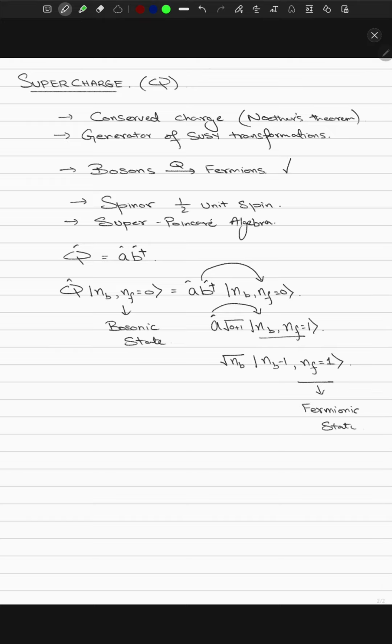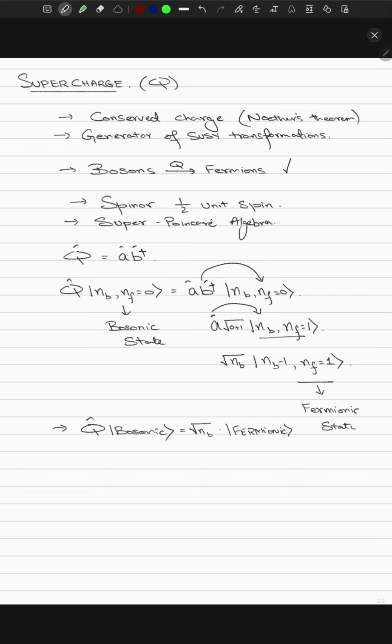And so we have proved that what this supercharge does is it takes your bosonic state and transforms it into a fermionic state. So we can write that down over here as another point, that you have Q, and it acts on a bosonic state, and it gives you square root of NB times the fermionic state.